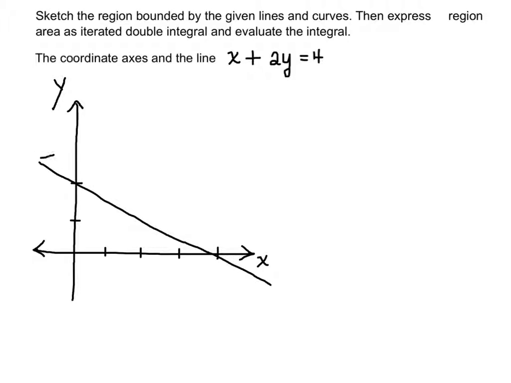And this is our line, x plus 2y equals 4. And let's fill in our area, and let's make this a little bit transparent. So our area is in here, and it's a triangular shape.